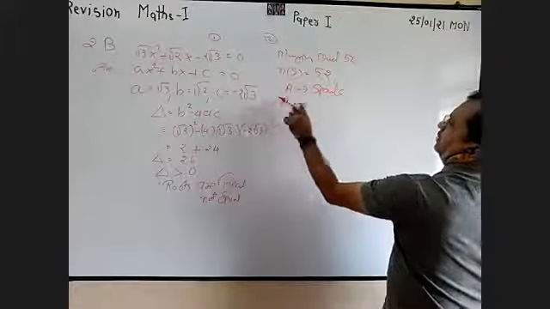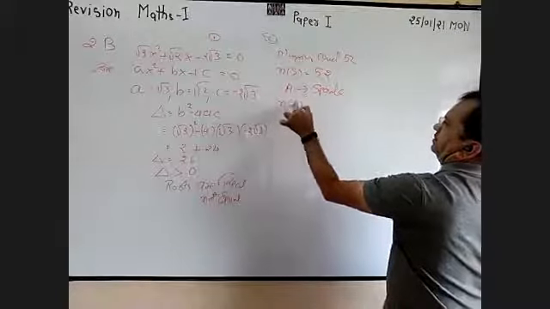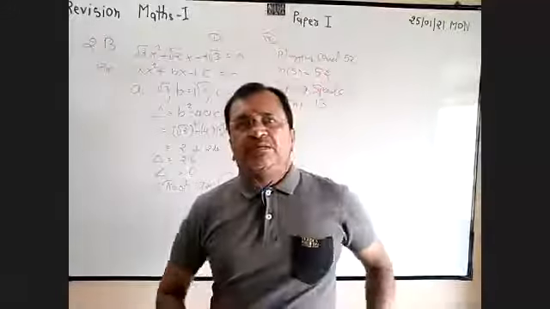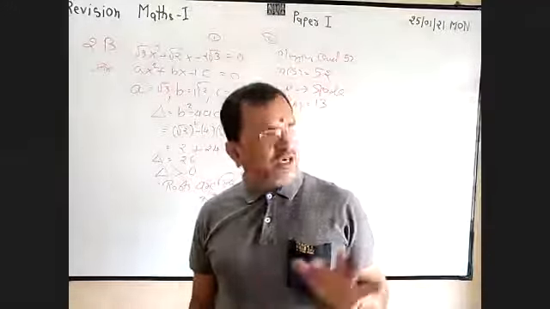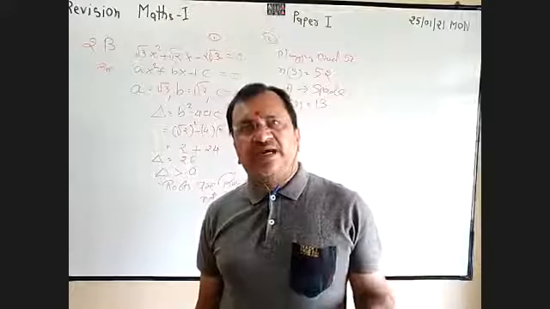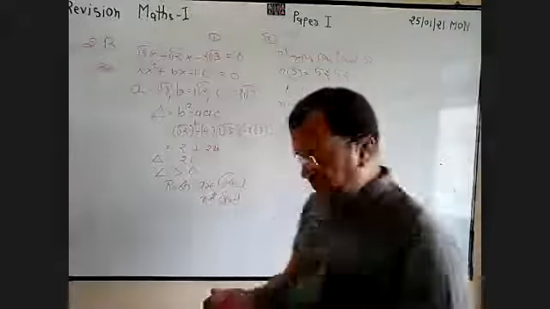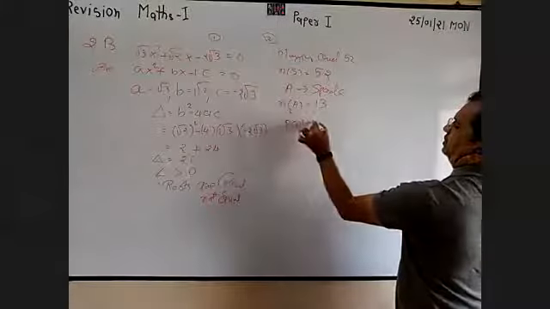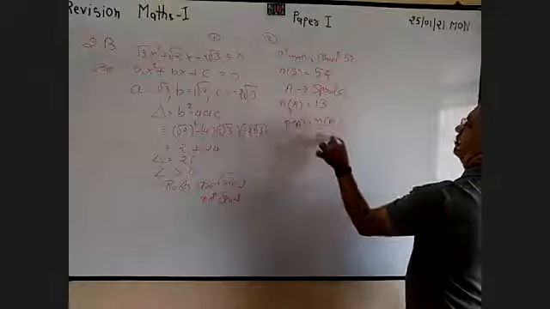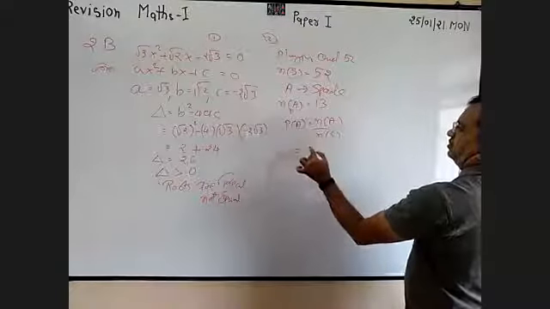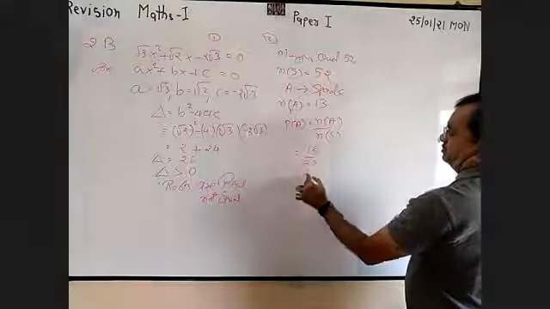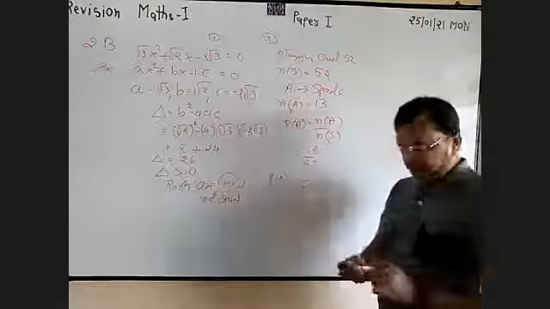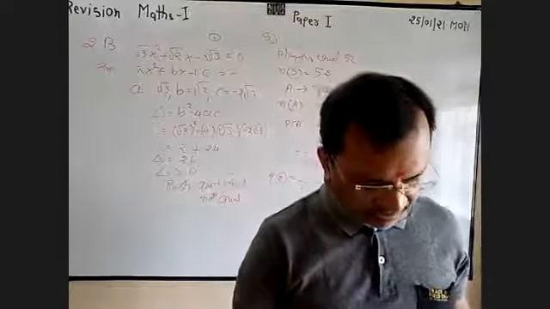So number of spades is 13. There are 4 categories, among that one is spade. Spades are 13, 13 fours are 52. So that is 1/4. The probability of spade is equal to number of spades divided by total number of cards, is equal to 13 divided by 52. 1/4 means 25%. Every type is 25%.